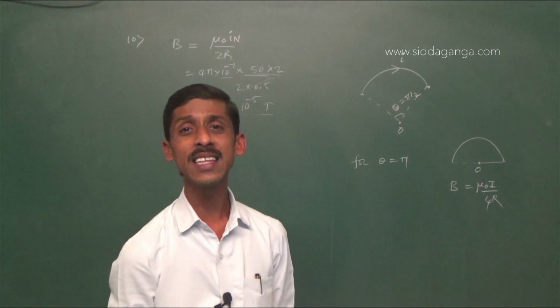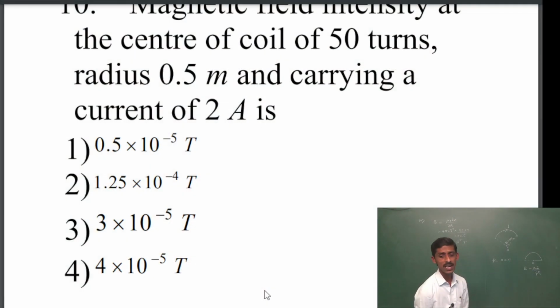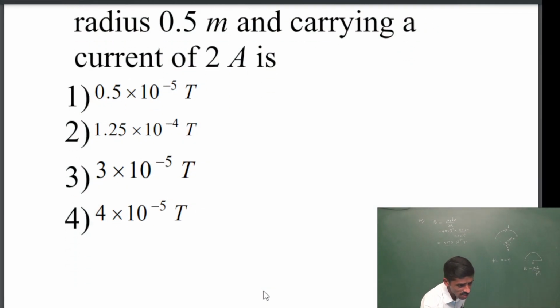The answer is not in the options in this form. So 4 pi is 12.56: pi is 3.14, 2 pi is 6.28, 4 pi is 12.56. 12.56 into 10 raised to minus 4 can also be written as 1.25 into 10 raised to minus 4 Tesla. So you can see this answer in option 2, 1.25 into 10 raised to minus 4 Tesla.